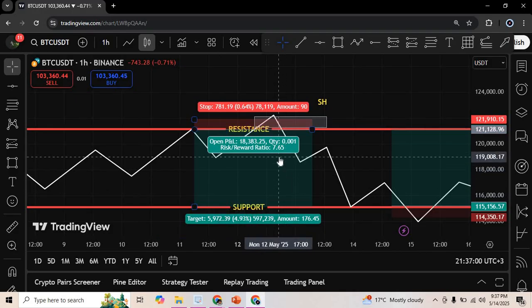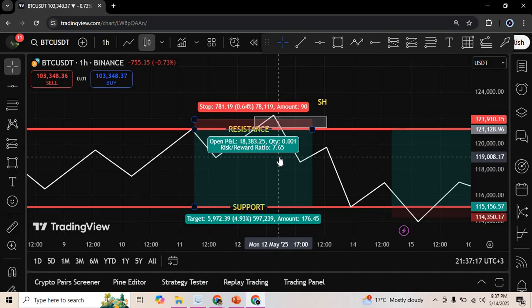Can you see that? If you can see 176.45, thumbs up.